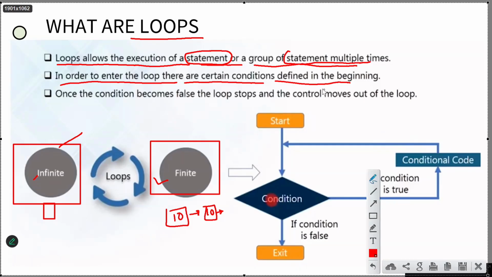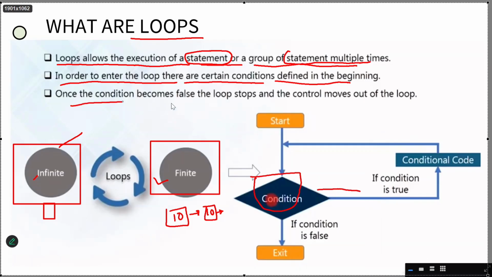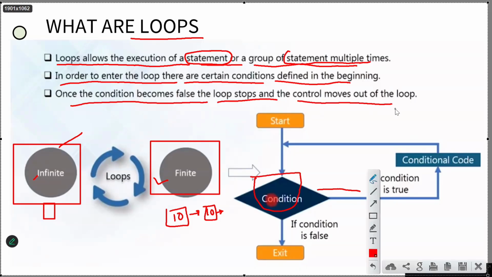Sometimes we will define a certain condition in the beginning and only after that will they enter into that loop, guys. Once the condition becomes false, the loop stops and the control will move out of the loop. Do remember, always, in order to enter the loop, there should be a certain condition defined in the beginning.